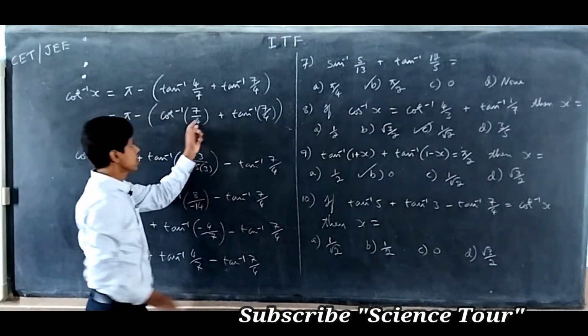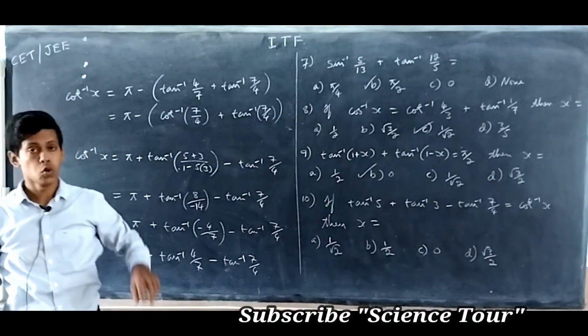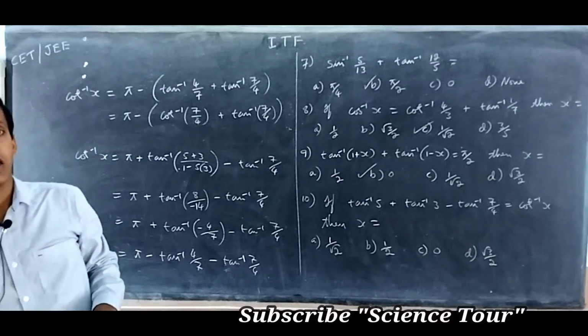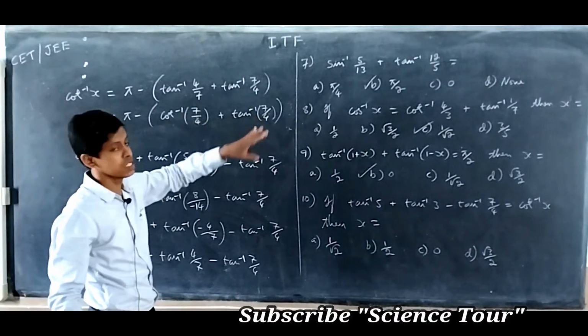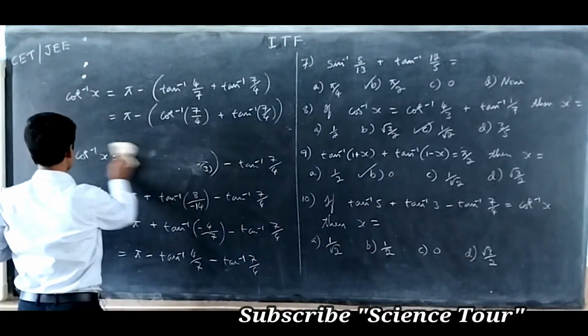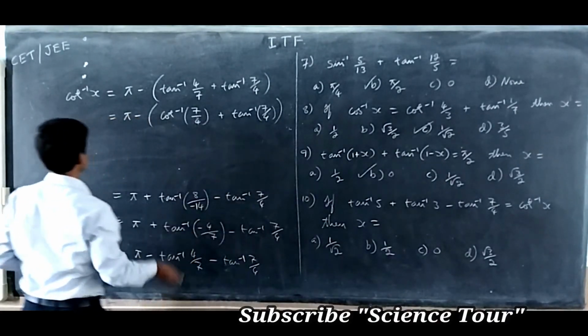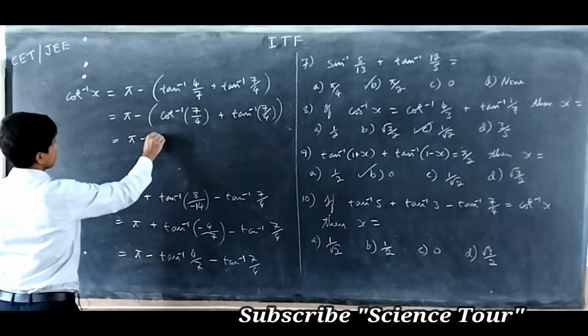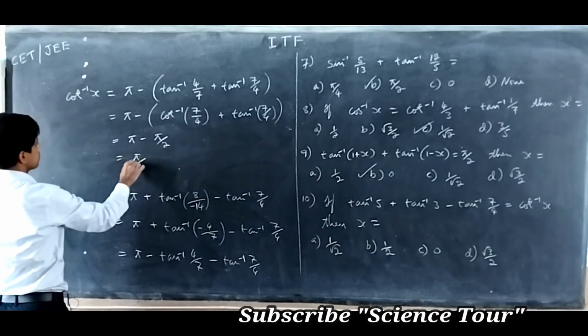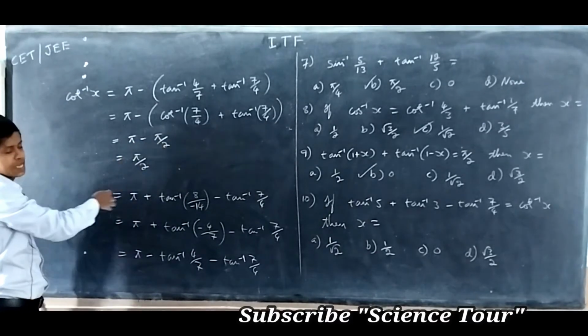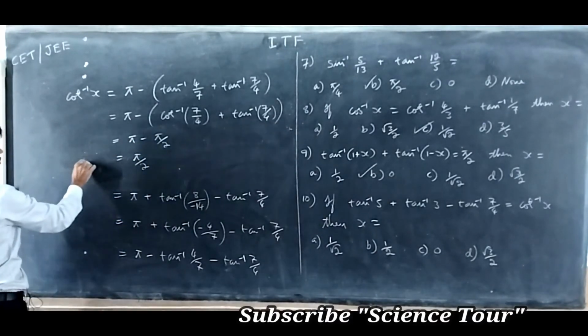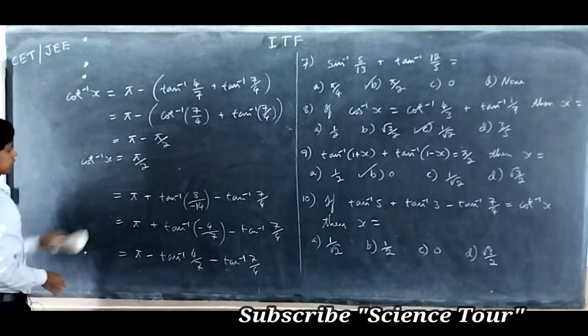Now, what do you see? Both these values are equal. So what is the property that we have? Cot inverse x plus tan inverse x is 90 degrees. So this is pi minus pi by 2, which is 180 minus 90, is 90. So this is cot inverse x.